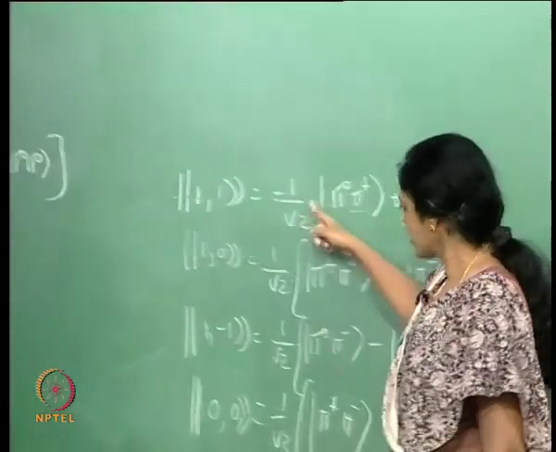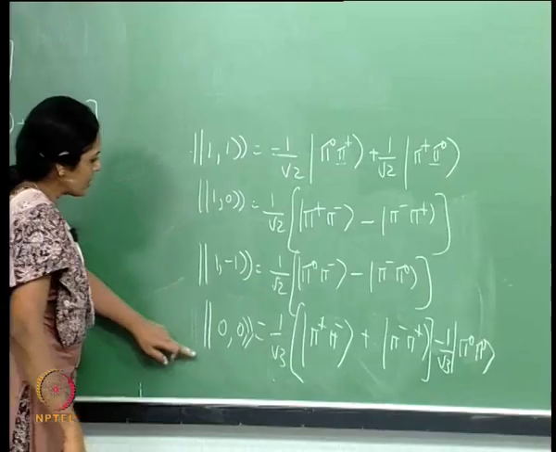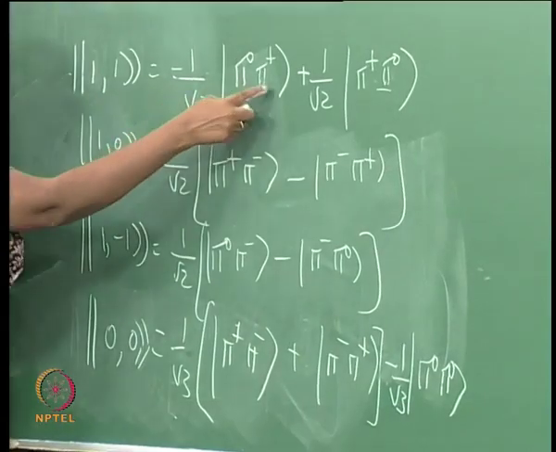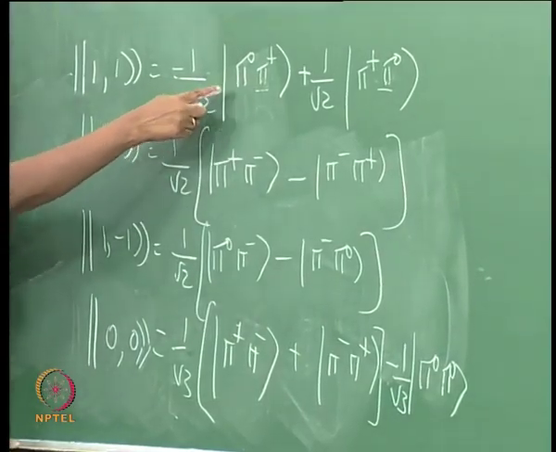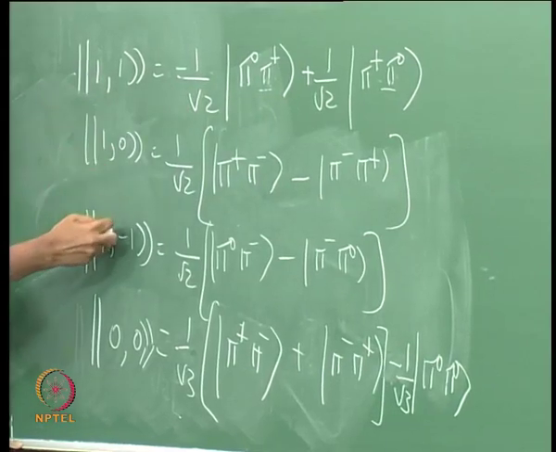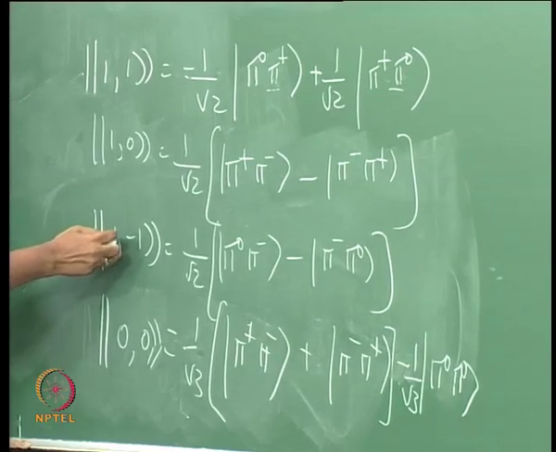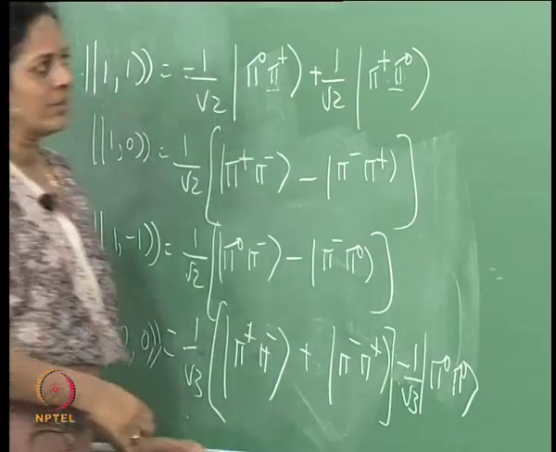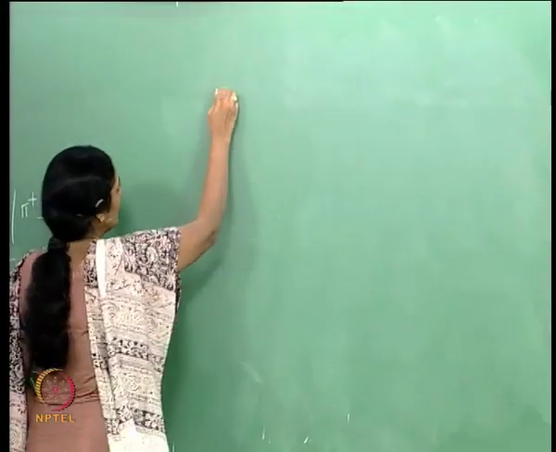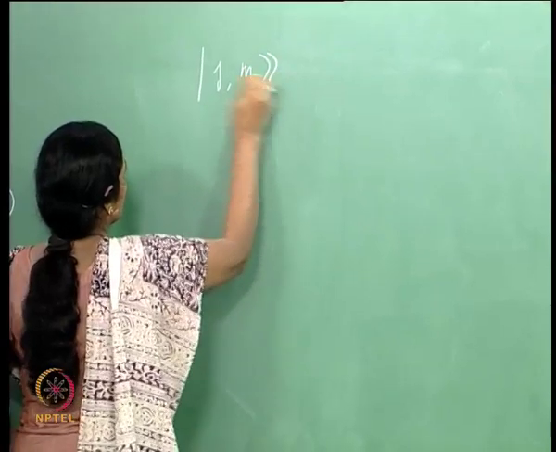Now if you look at this, again this state is antisymmetric under interchange of the third component labels, and all the other states in that multiplet are again antisymmetric. So I need to prove this in general. I need to show that in general you have a coupled state Jm.